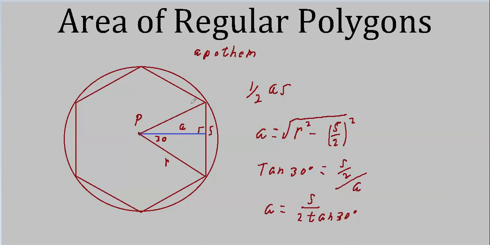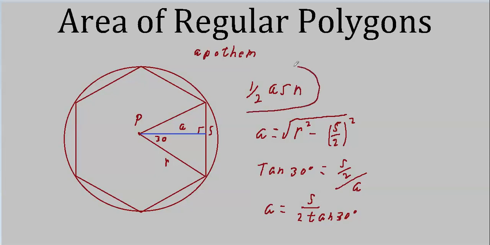But suppose we have the apothem. What do we do now? Well, like I said, it's pretty easy now because the triangle is 1/2 a s. How many of these do we have? Well, for a general polygon, we're going to have n of these. For instance, the hexagon, it's 6.